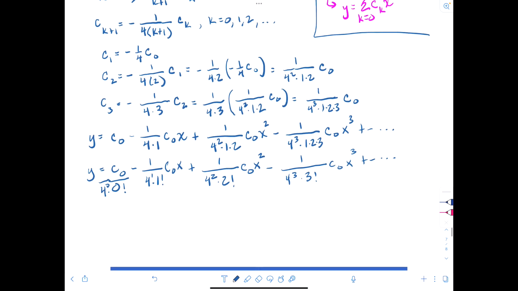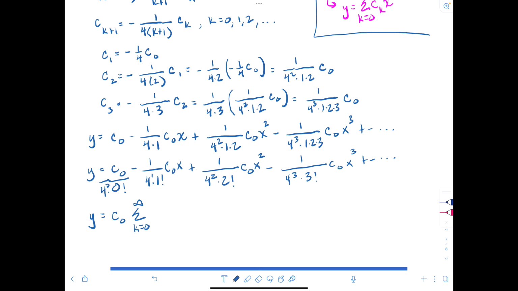Now let's go for our summation. So y will equal the summation. We can factor out a c0, right? It's in all the terms. Move that over. And then this is about k, and it's going from 0 to infinity.